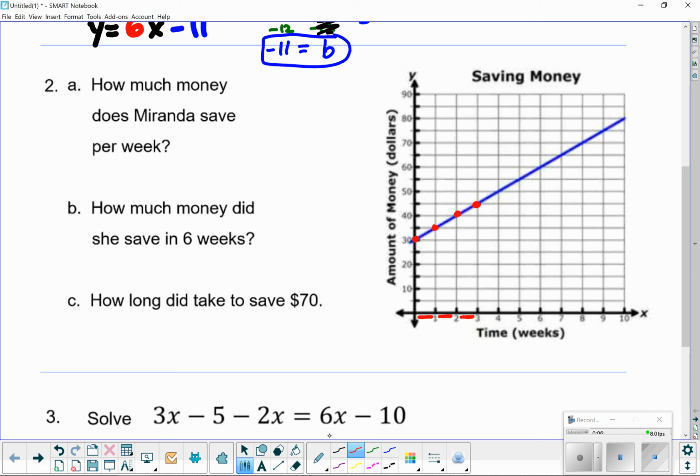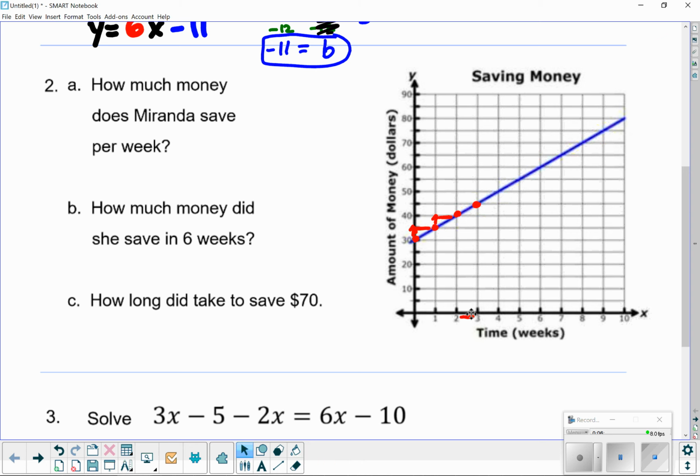Every week that goes by, you can look at it like this: Miranda saves $5. Another week that goes by, Miranda saves another $5.